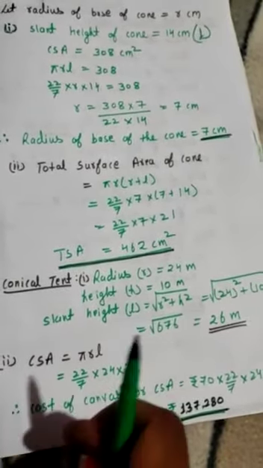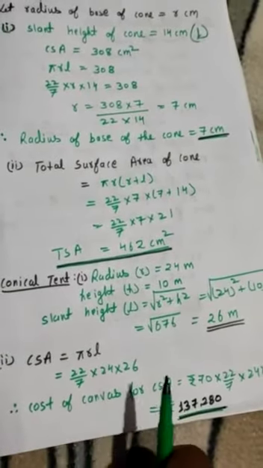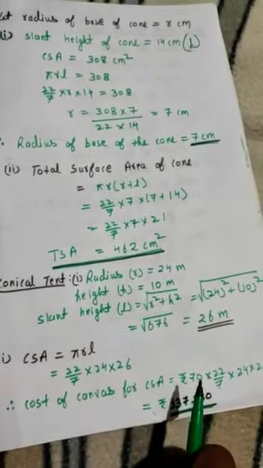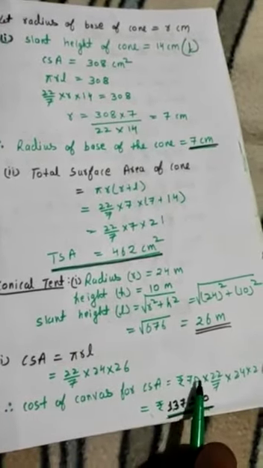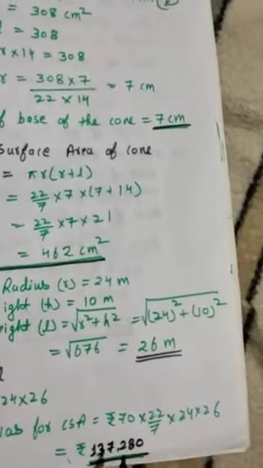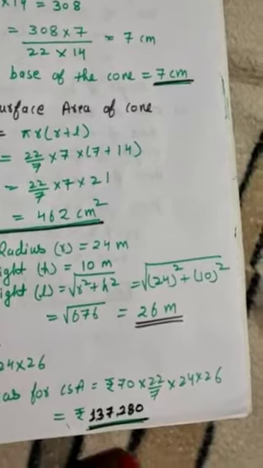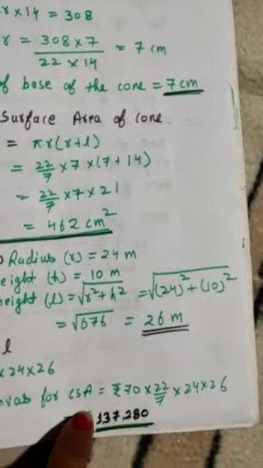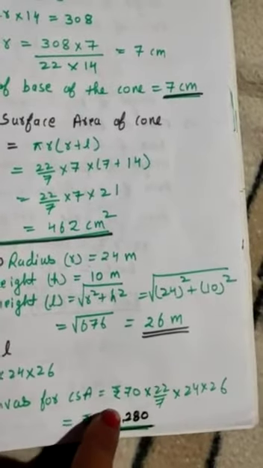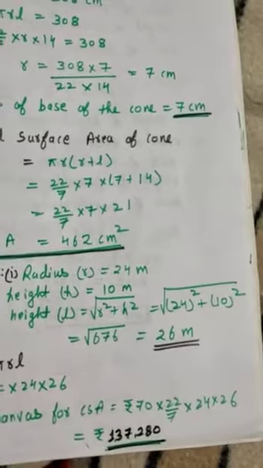Obviously, we don't have to make the base of the tent, only its CSA. So 70 rupees is given per meter square. Okay, so this CSA you have to multiply with 70. Now you will just simplify and the answer is 1,37,280 rupees. So this much is the cost of canvas for making the conical tent.